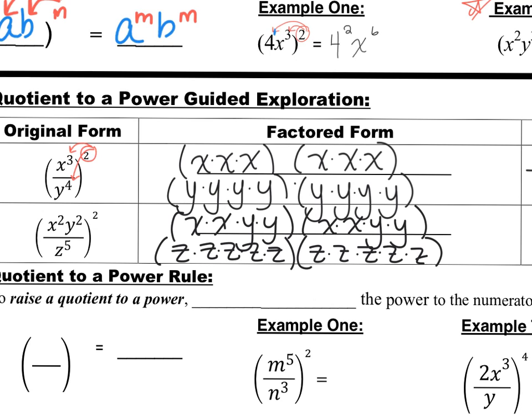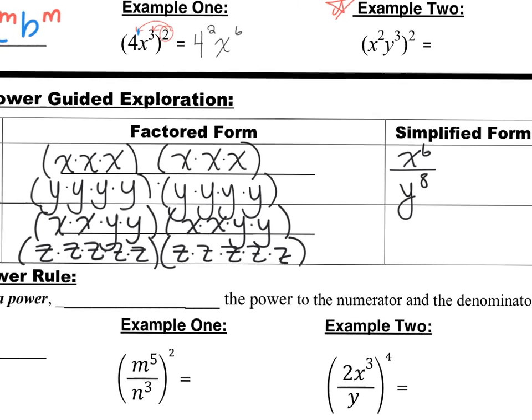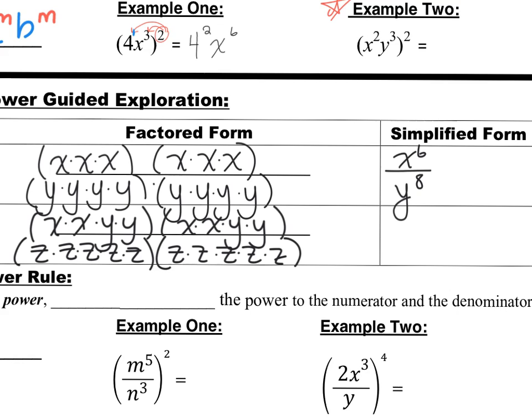So that's the factored form. Now I want to go ahead and simplify this. When I simplify, I simply take a look and see, okay, it looks like I have 4 x's, so that's x to the fourth. I have 4 y's, y to the fourth.